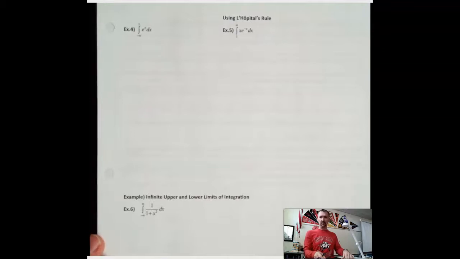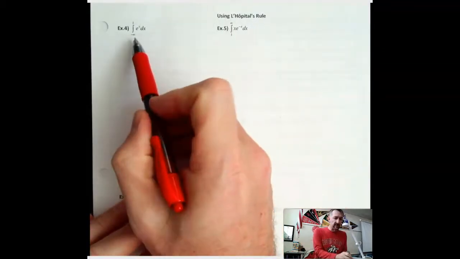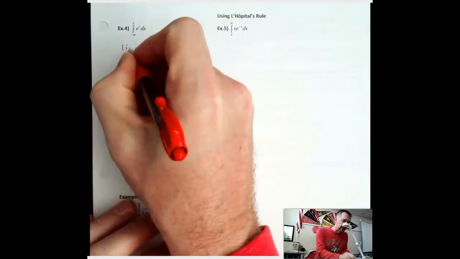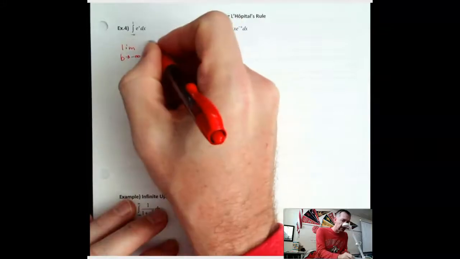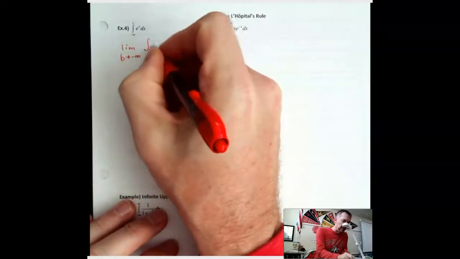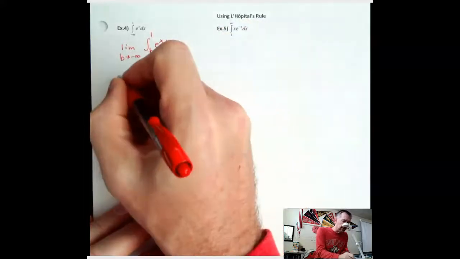So a little change here. This time, all right, so slight variation on this one. We've got the negative infinity down here instead, but it's going to be the same idea. So we're going to take the limit as b approaches negative infinity from b to 1 of e to the x dx.